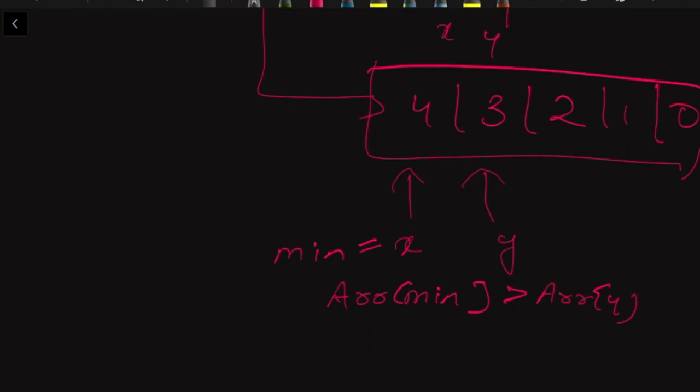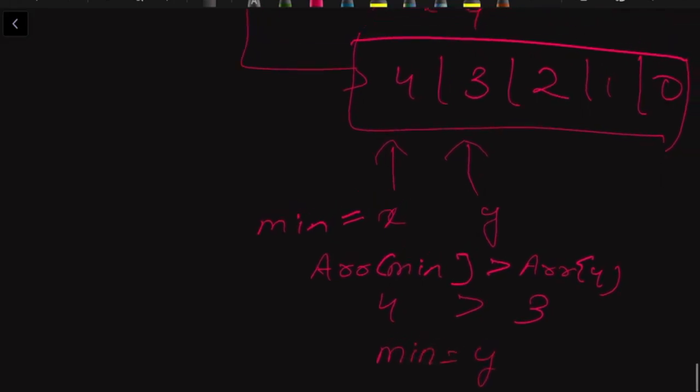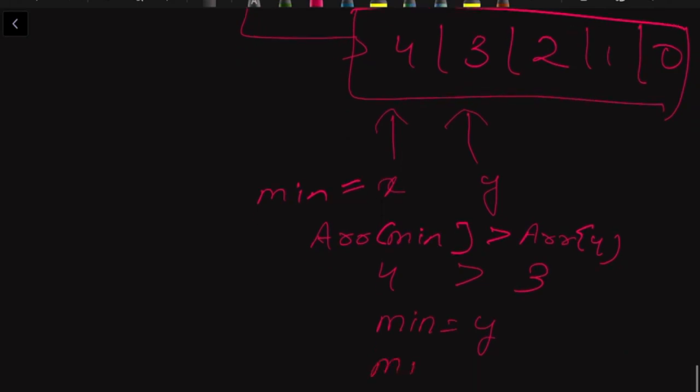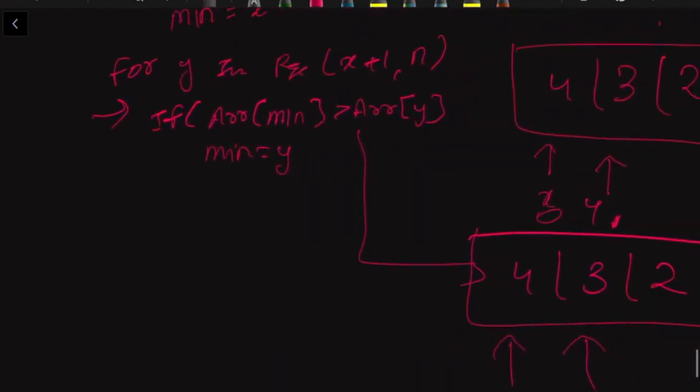Right now array of minimum, which is x, is 4, and array of y is 3. If it's greater, then we'll just update minimum equal to y. Y is basically index 1, so minimum will be 1.